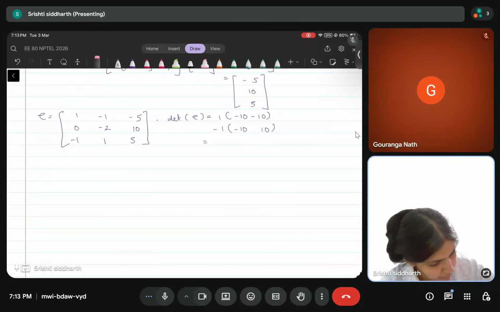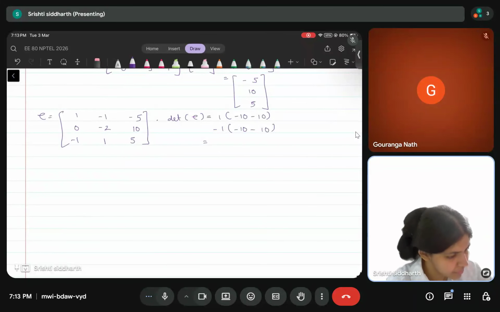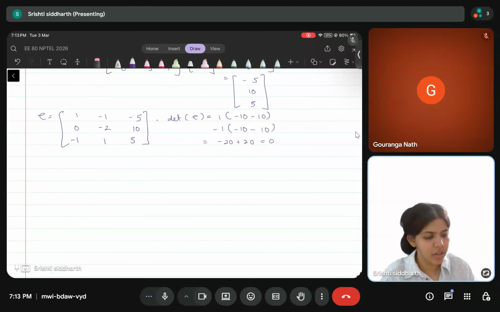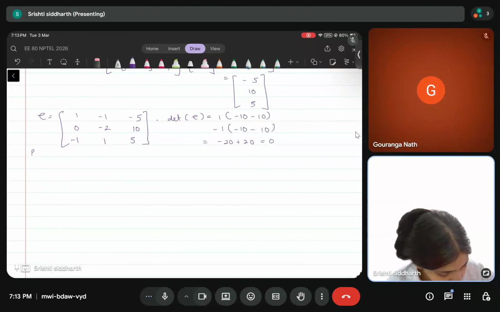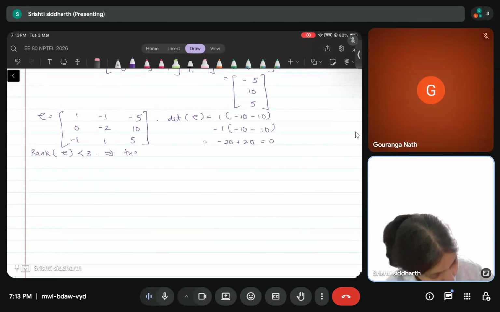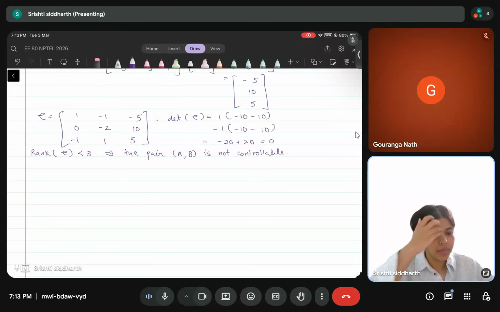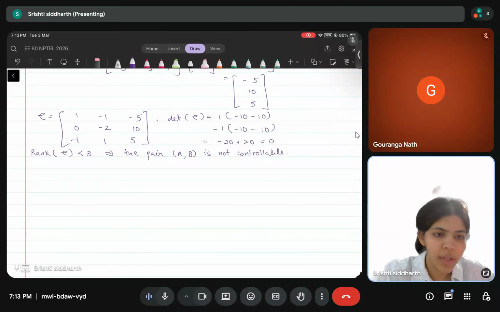This is minus 10. This means that the rank of C is less than 3, which implies that the pair AB is not controllable. This means that we cannot design a pole placement controller because the system is not controllable.